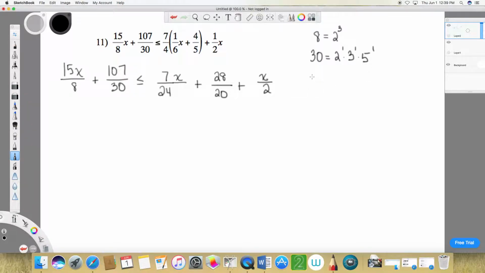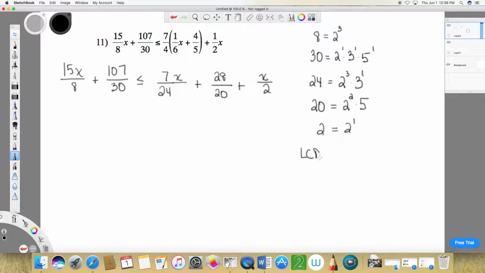If I look at 24, 2 times 12, but 12 is 8 times 3, so 24, 8 is 2 to the third power times 3, and then I have a 20, which is 4 times 5, 2 squared times 5, and then I have just the number 2 that I'm simply going to look at as 2 to the first power.